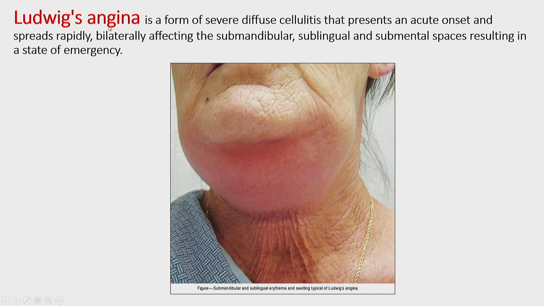It's called Ludwig angina. Angina is different from angina pectoris in the heart, yes. Angina means the feeling of suffocation. The patient cannot breathe, yes. This is a breathing emergency for the ambulance.